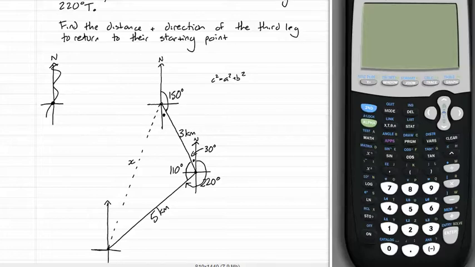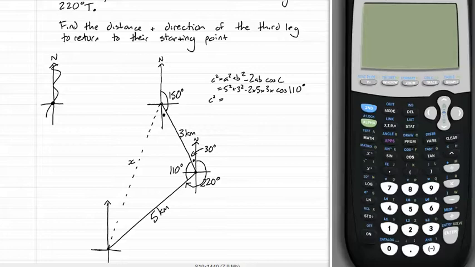So our cosine rule, substitute our values in. Sorry, that's 110 up here where I've got my angle. I won't put you through the calculator.